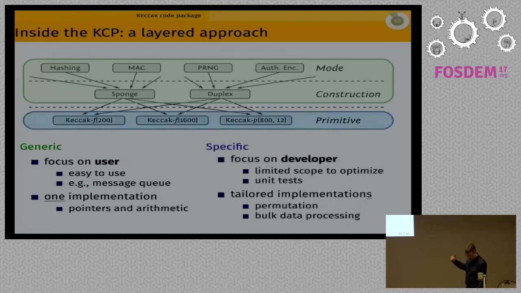Then there is this interface called state and permutation, below which you can hide the details of an implementation of the permutation for a given platform, and it will do all the state management, so XORing bytes into it and applying, of course, the permutation. You can then easily substitute one implementation below SnP with another that is more optimized for your given platform, and everything above SnP will still work.